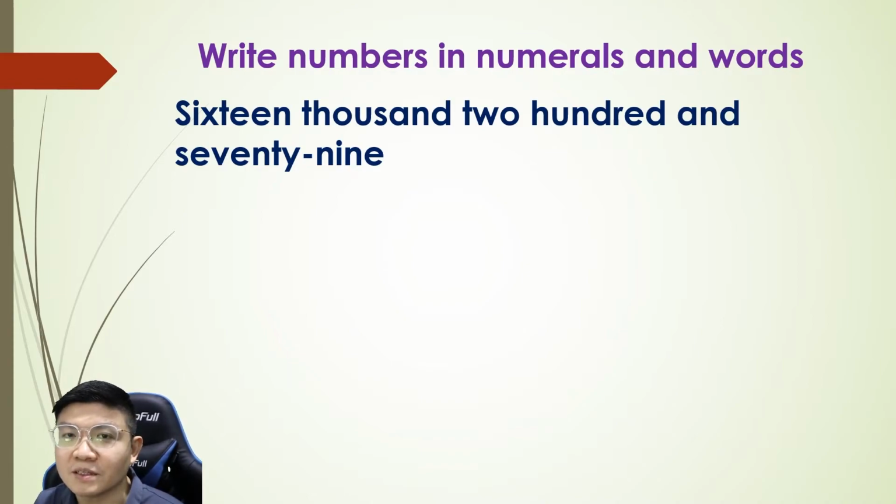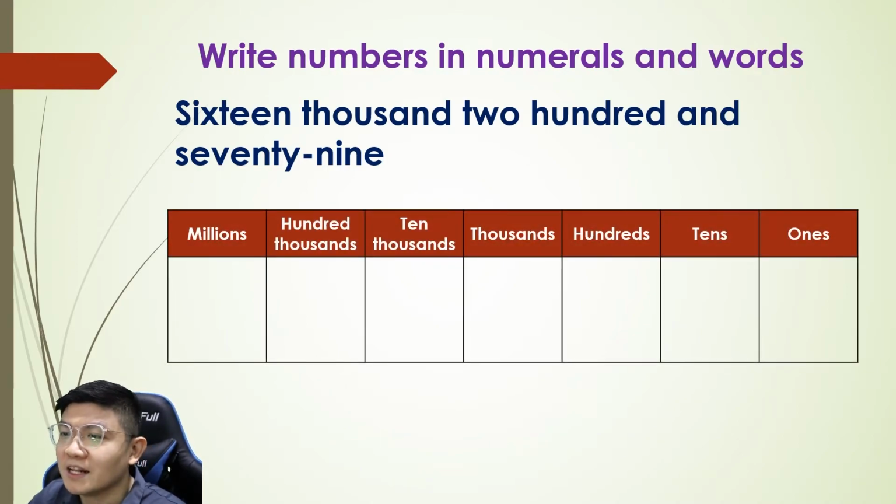It's actually simple. Everything goes back to the table of place value, which we will be using again. Millions, 100,000, 10,000, thousands, hundreds, tens, and ones. Now, we count 3: 1, 2, 3, and put in the gate of thousand.